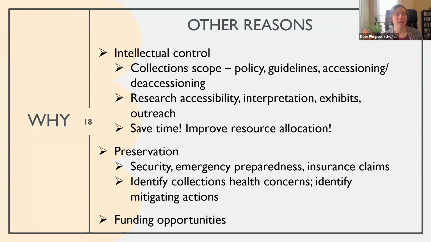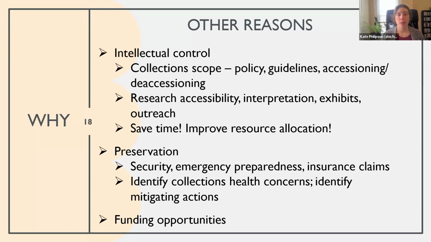You want to be able to have strong intellectual control to help set and clarify your policies and procedures, which can also help with transparency and accountability, right? You want to ensure that your collections align with the organization's mission and the collecting scope. These things can impact your accessioning and deaccessioning policies. So that's a really key part of intellectual control for me.